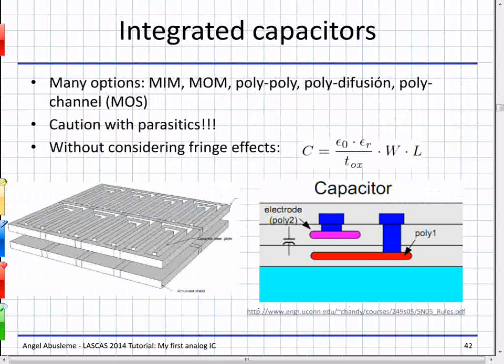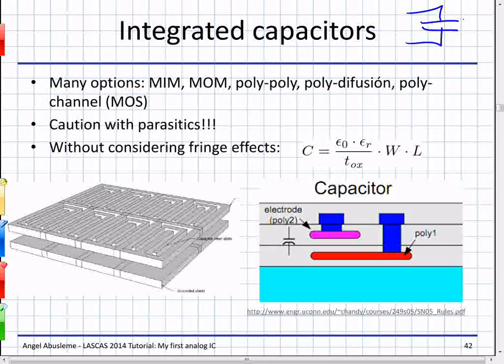Integrated capacitors. Well, a capacitor is just two metal plates separated by a dielectric, and that's it. So we have metals in a chip, right? We have this metal, we have this other metal, and then we have a parallel plate capacitor. That's it. That's how we design capacitors. So this would be a poly, this is poly, insulator, poly capacitor.